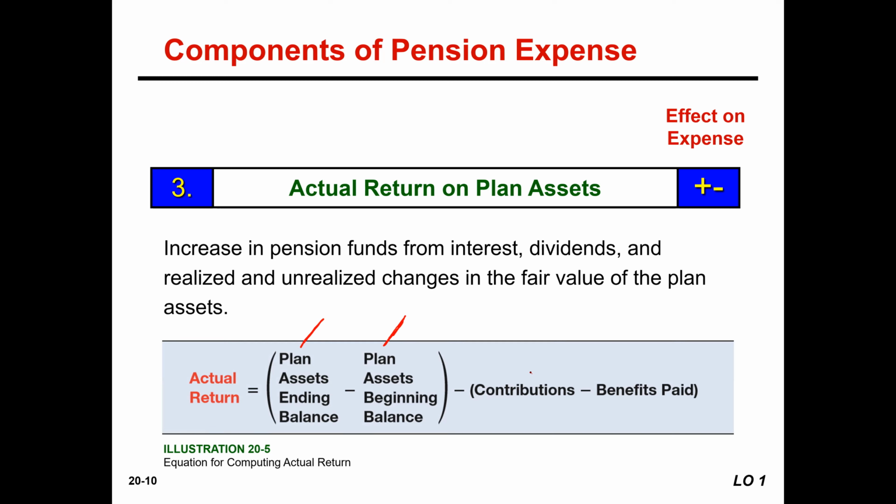Then we subtract out contributions that we made to it and any benefits paid out of it to get our actual return. Depending on the market and how the plan asset investments are doing, this can have either a positive or a negative effect on the pension expense.